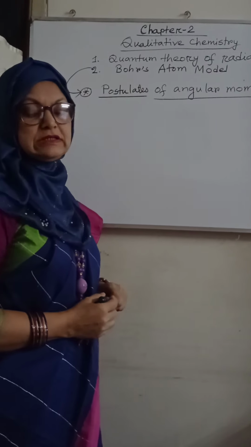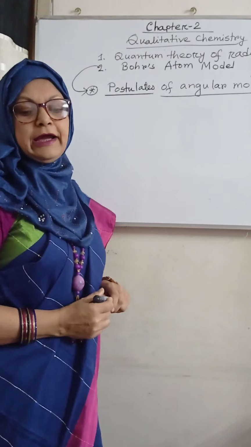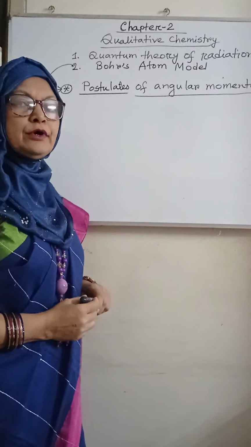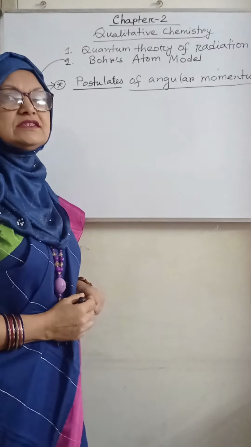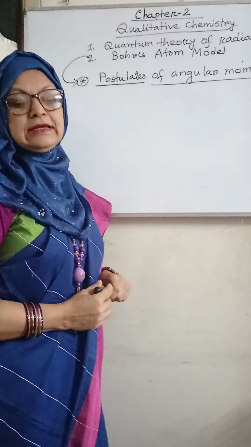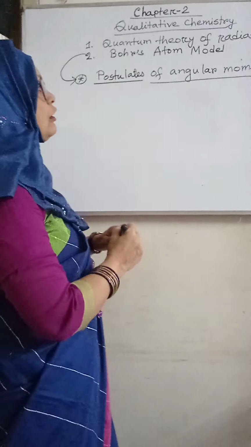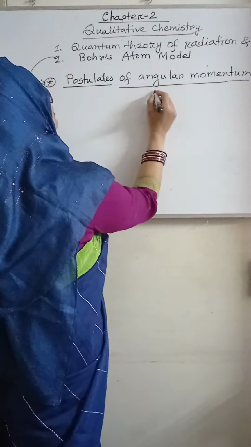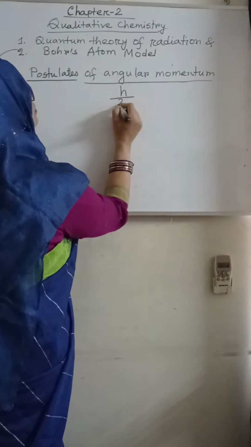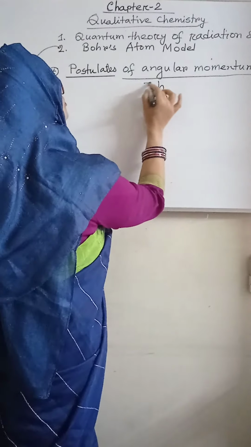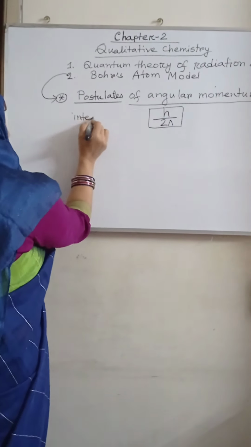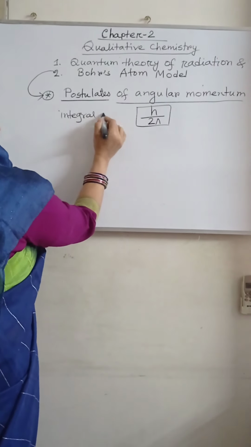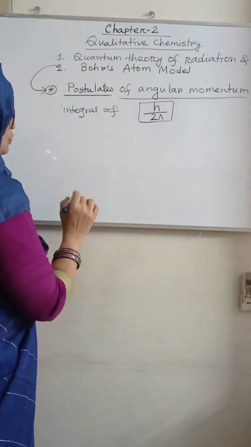I repeat again: the angular momentum of an electron in a certain energy level is fixed and it must be an integral multiple of h by 2 pi.